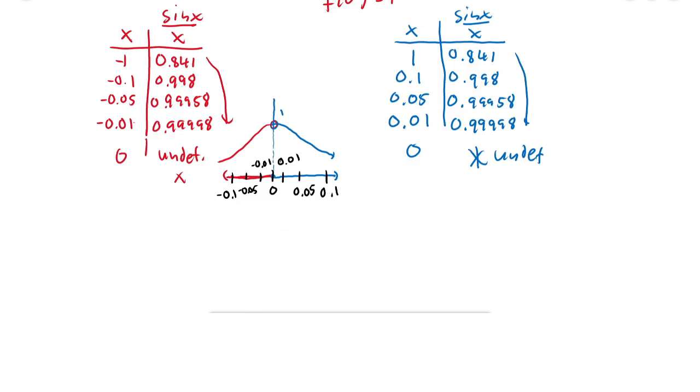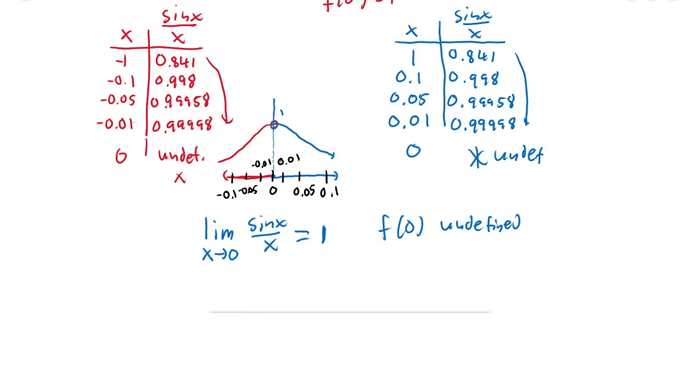So what we will say in a problem like this is that the limit as x approaches 0 of sine x over x is equal to 1. Again, f of 0 itself is undefined. But this is basically how we can notate this idea.